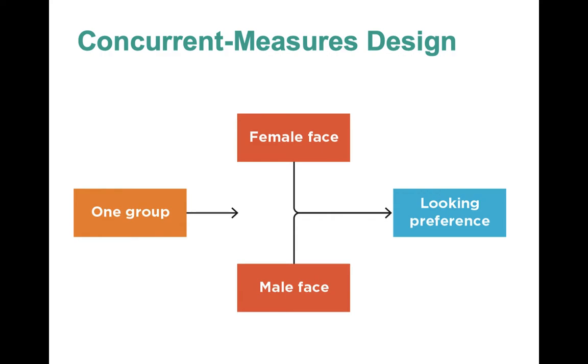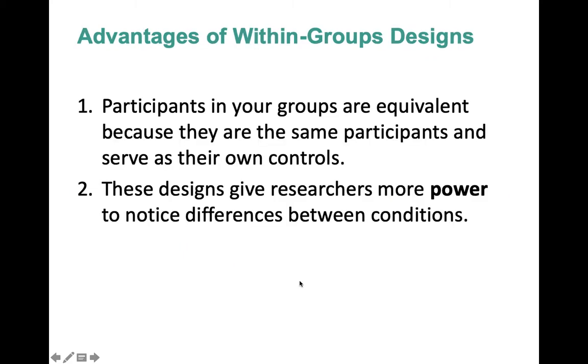So the example on the slide is often done in infant research, in which infants are exposed to a female face as well as a male face, and then researchers are able to measure their looking preference by how long or how often or how frequently they look at one face versus the other. So this is a within subjects design, but it's a concurrent measures design because the two different levels of the independent variable happen at the same time. They co-occur. They happen concurrently.